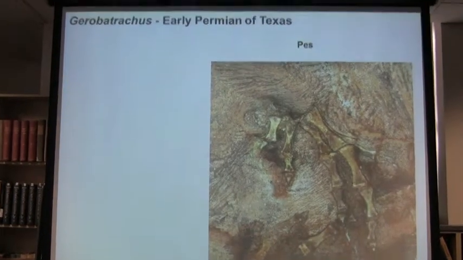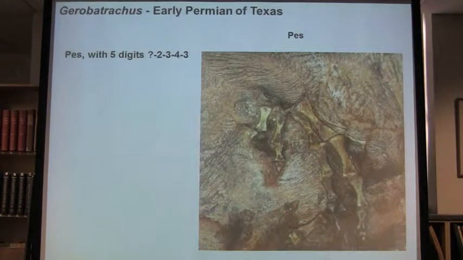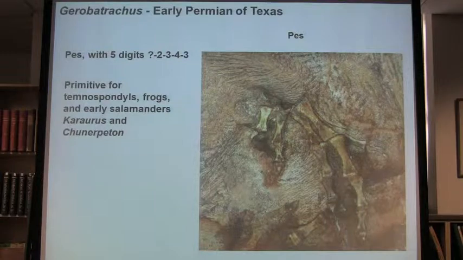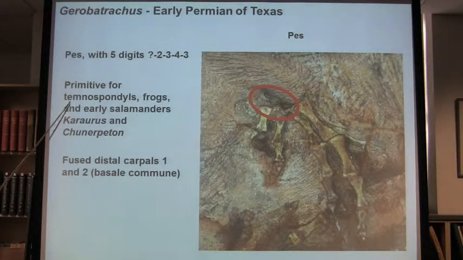Also, one of the neatest things about this fossil is the hind limb. Now, this fossil is fairly well articulated, although not completely preserved because of differential erosion before the fossil was found. The digital count is exactly what you see in both the Lepospondyls and the first frogs and salamanders.